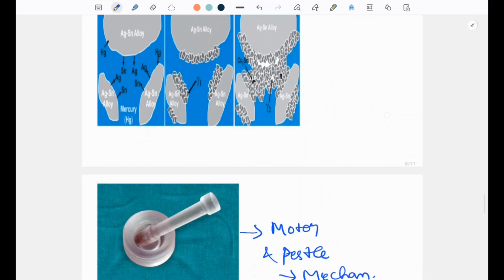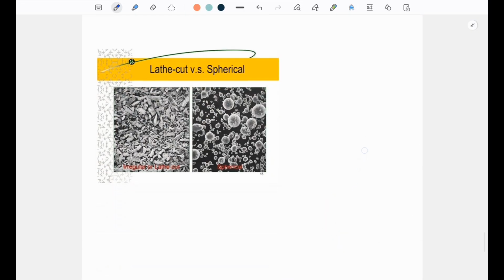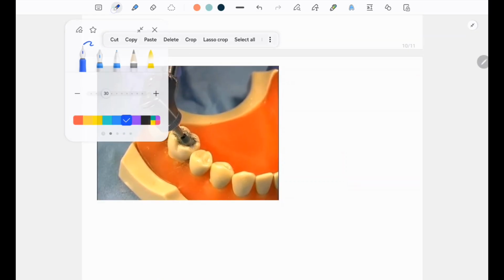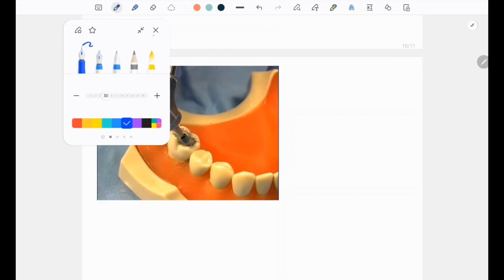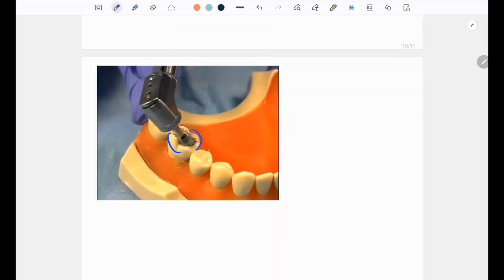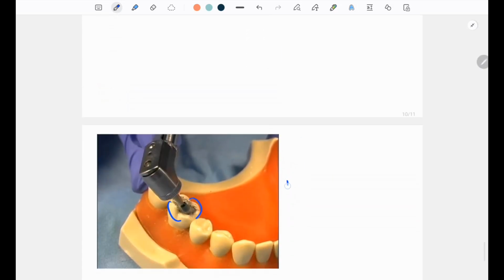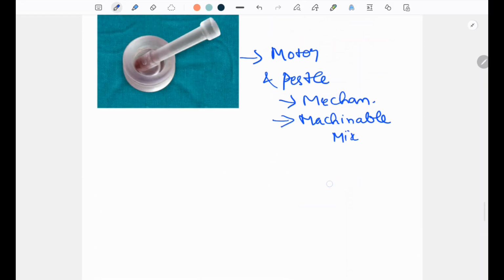I will show you the picture. Yes, small brush kind of burrs. Those kinds of burrs are used for finishing the amalgam restoration. They are called rubber cups.